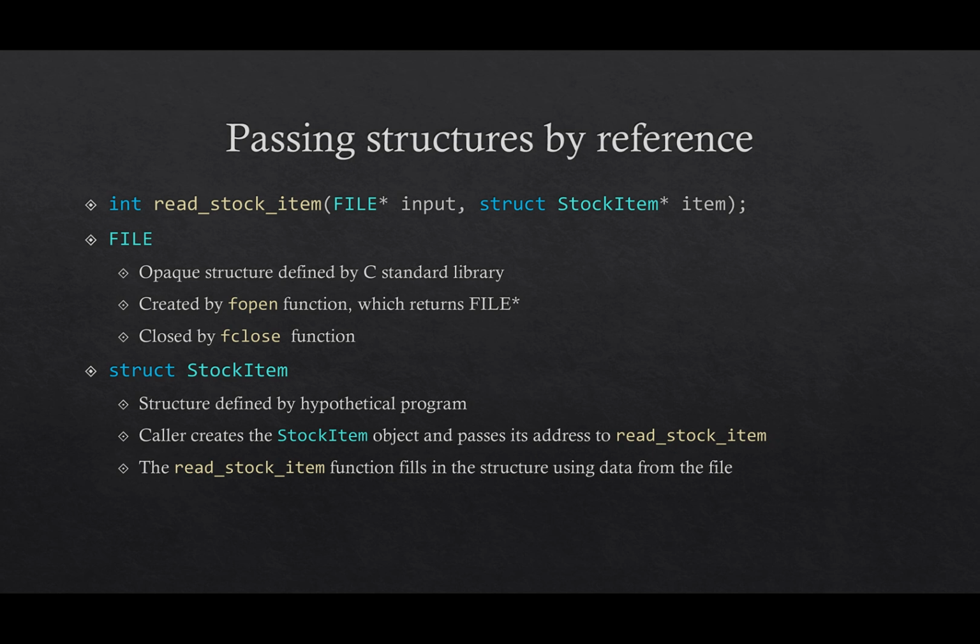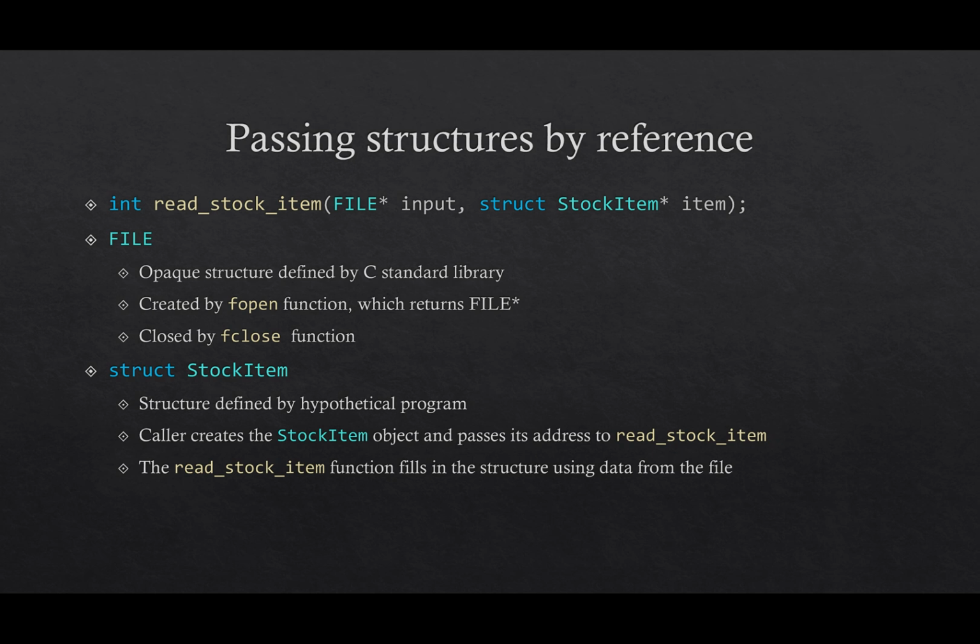The file structure is part of the C standard library, and this is one way that you can access data either in a file or even reading from a console. You create a file using the fopen function, which returns the file pointer.